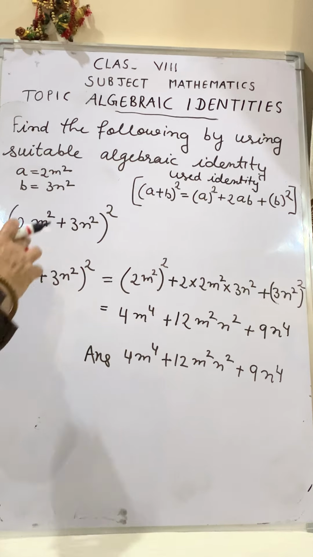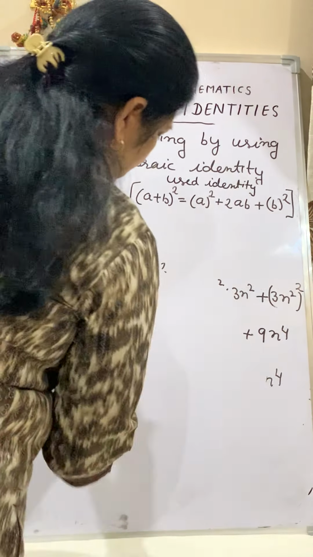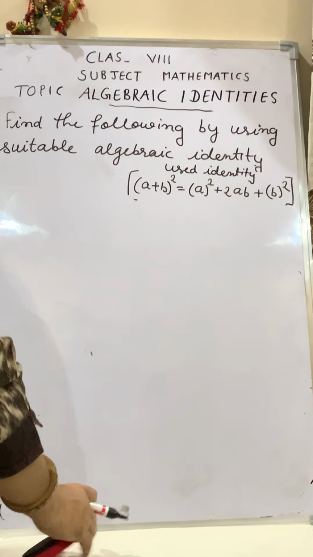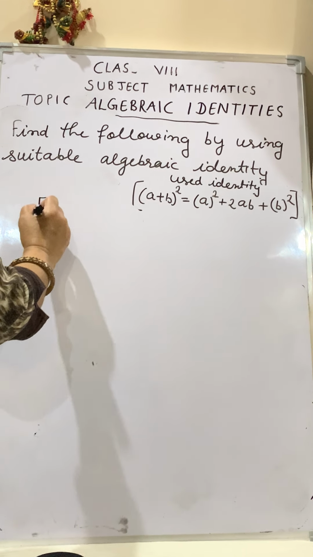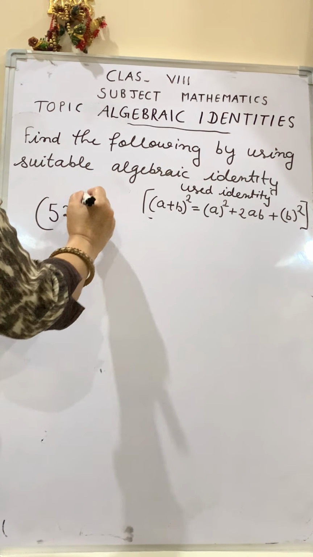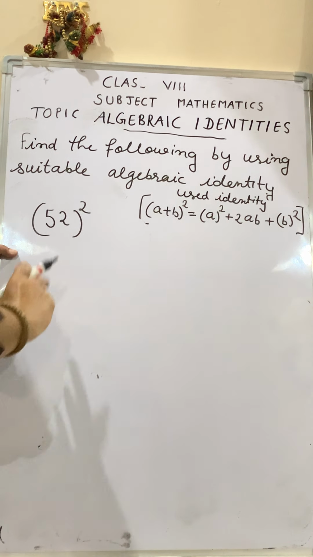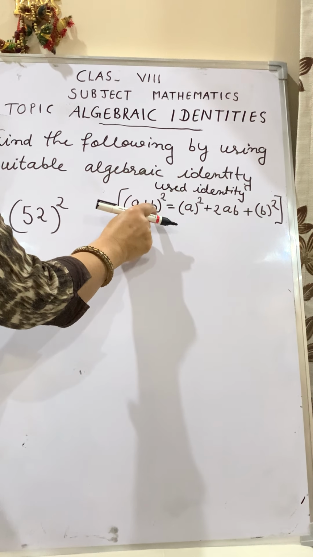One more example related to this identity. If we have to find out the value of 52 square by using a suitable identity, first of all we will make it a sum of two numbers.